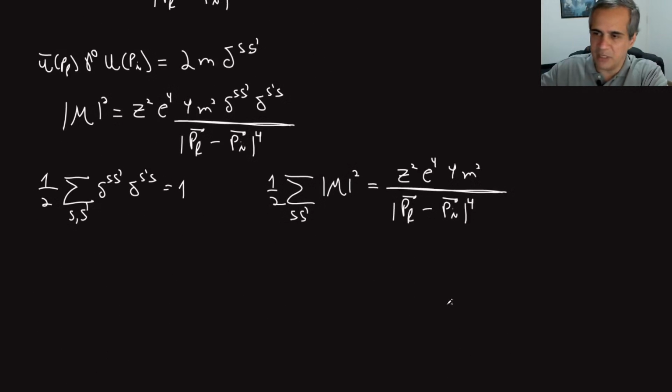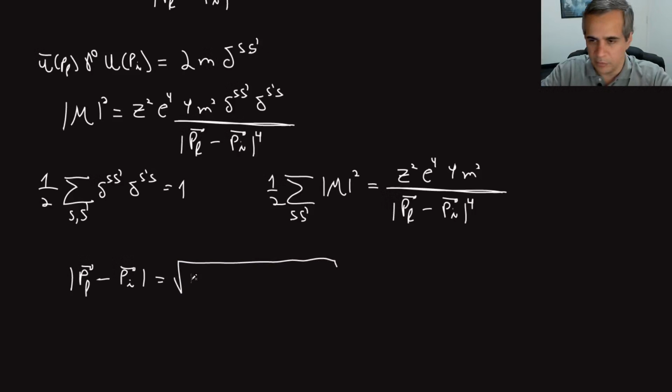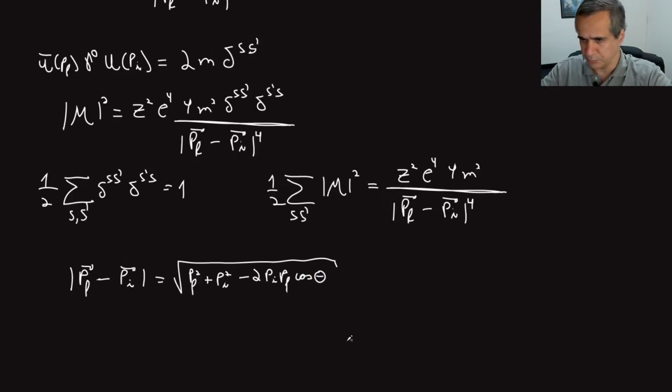And that means that PF minus PI, which is usually, let me write it like that, square root of PF squared plus PI squared minus 2 PI PF cosine of the angle between them.